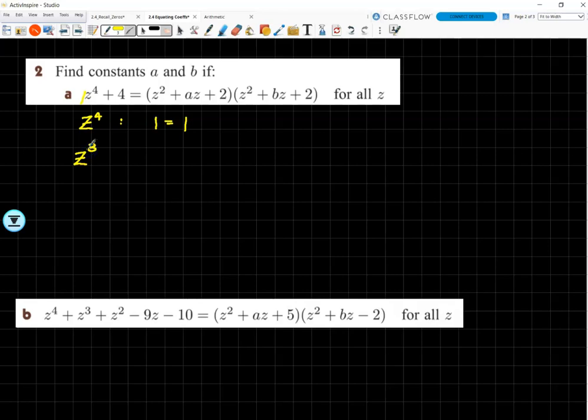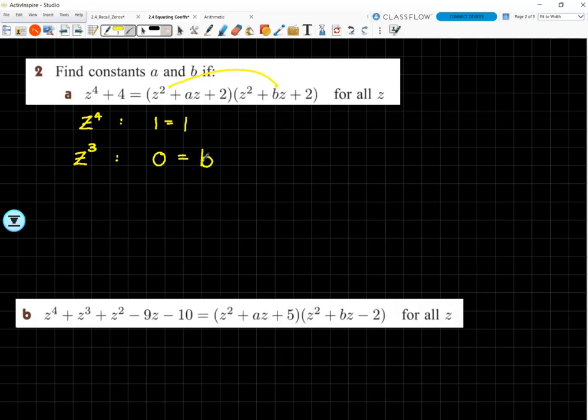Now on the left-hand side, there is no z cubed, is there? So we're going to say the coefficient on the left. What's the coefficient on the right for z cubed? In other words, how do we get z cubed? Correct. z squared times the other z. And so that's the coefficient then is b.